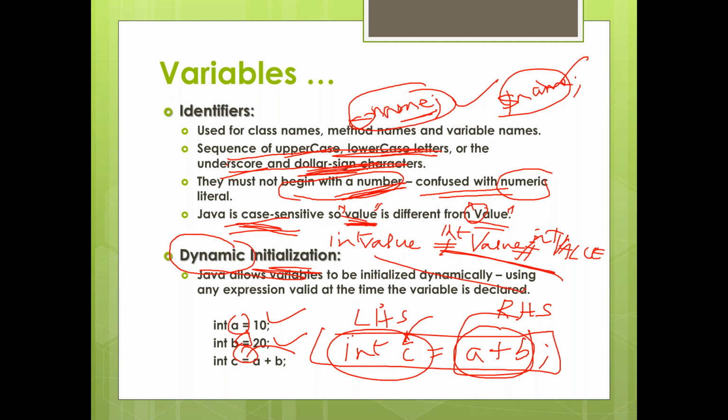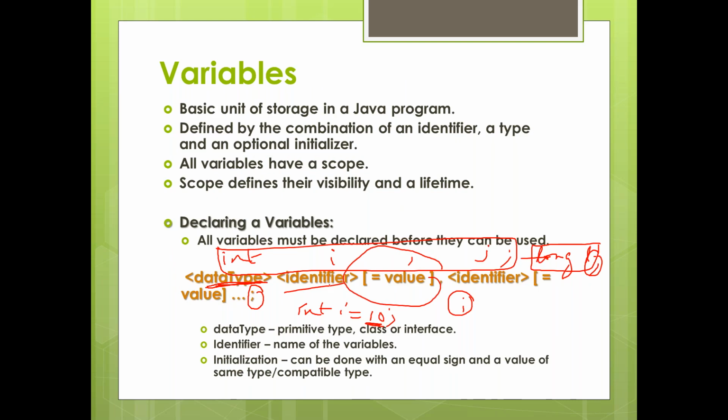Assume that these two are parameters of a method. Assume I have declared a method called add, with int A and int B, and I am returning this C. You will see all these things.